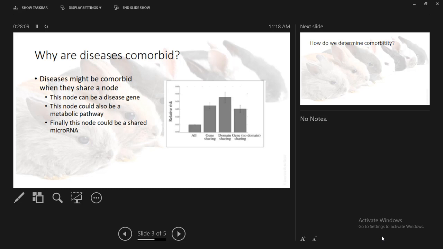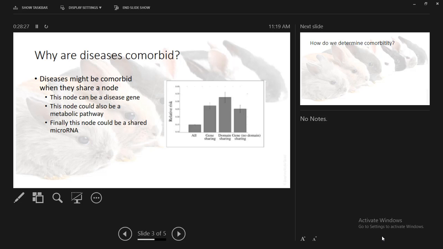And we're going to talk about what is the relative risk of getting the second given you already have the first, okay? And if you take them all, that number is 0.15, which means you are 0.15, no, that's 15%.